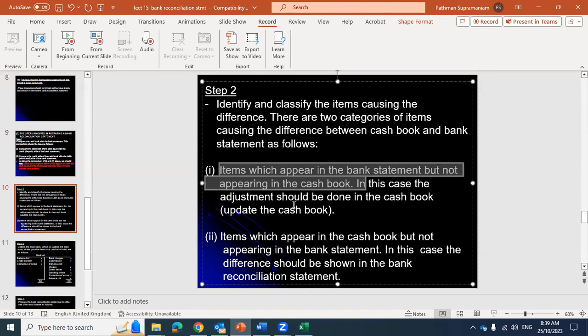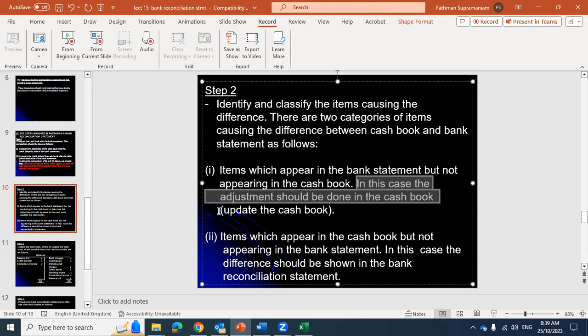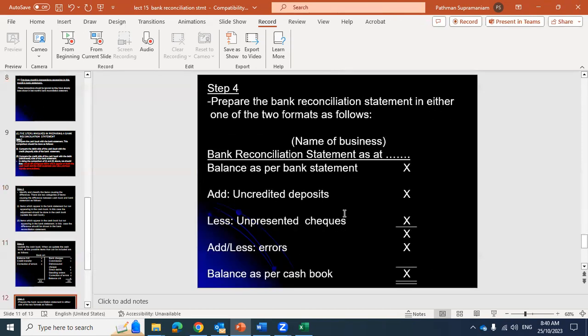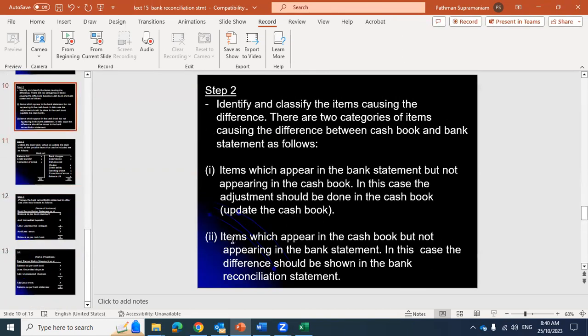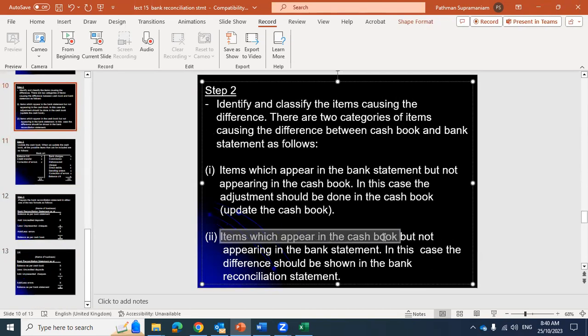Here we should adjust the cash book, and this process is called updating the cash book. And then we need to take into account items which appear in the cash book but are not appearing in the bank statement. These amounts should be shown in the bank reconciliation statement. So that's the entire process.